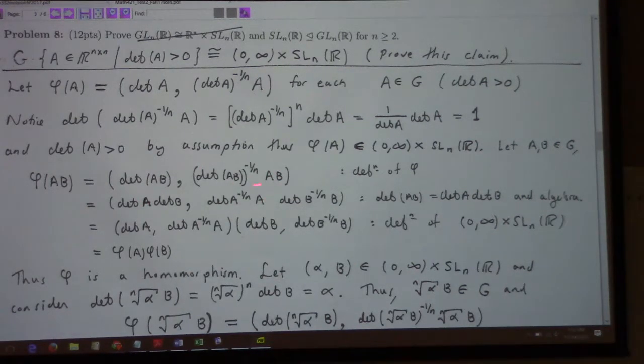And likewise here, and so I get this and that. Now when I, let's see here, right, but that is exactly phi of A, and that's phi of B, right? So there's the homomorphism property.